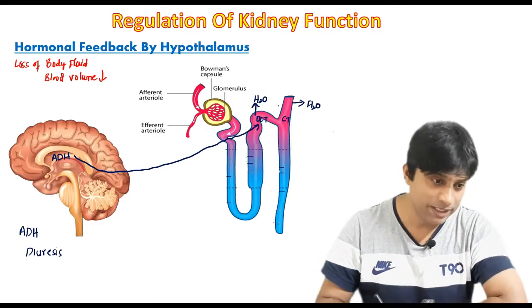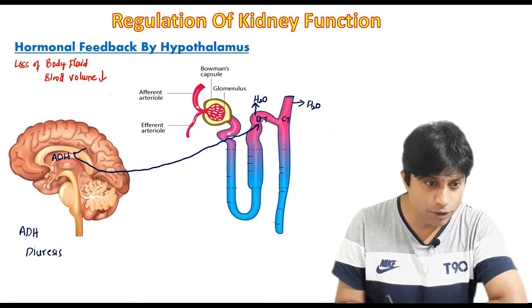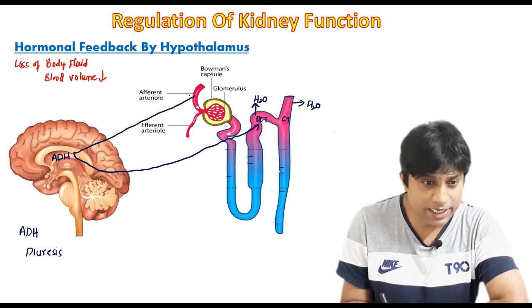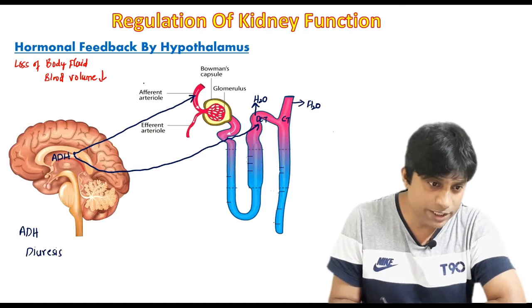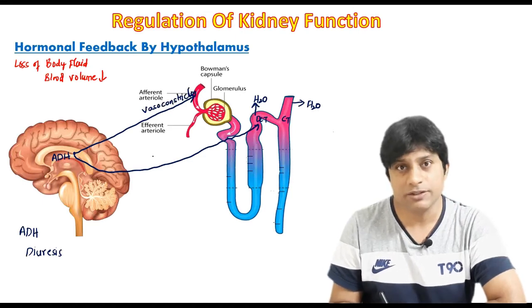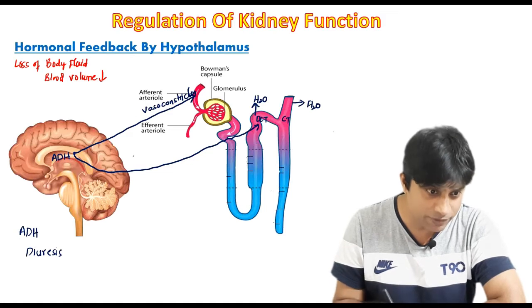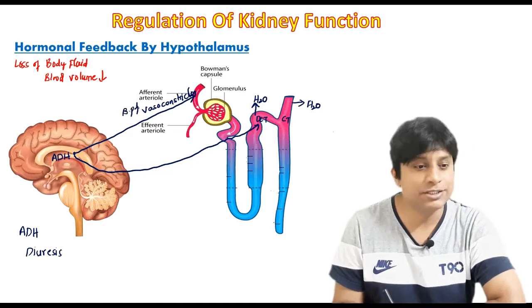And also ADH has one more function. ADH acts on blood vessels of the kidney. It causes a constrictory effect, so it causes vasoconstriction. As a result, the blood vessels constrict. Due to constriction of blood vessels, blood pressure increases.